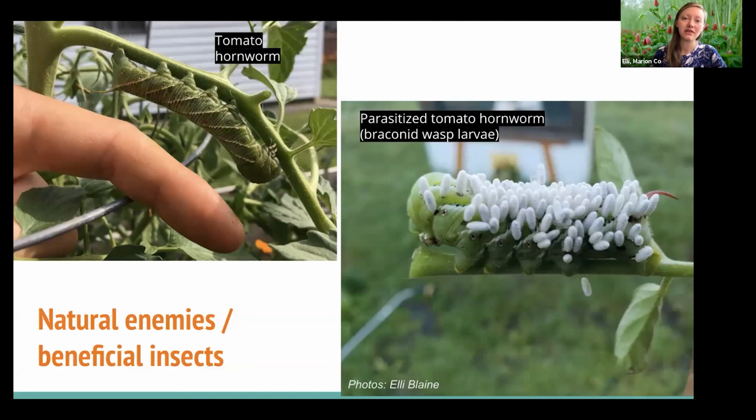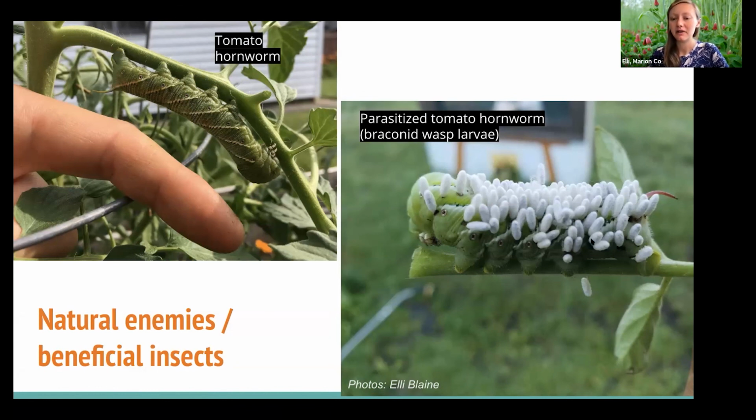The more we integrate native plants and pollinator habitat, beneficial insect habitat into our farms and gardens, we're able to bring in these natural enemies and insects that help to predate our crop pests. So tomato hornworm is parasitized by braconid wasps.